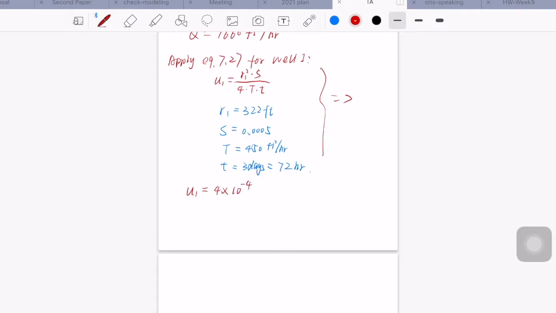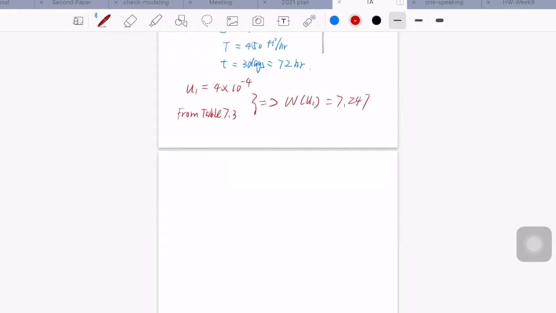And from table 7.3 in the textbook, we can determine that W of U1 should be equal to 7.247.